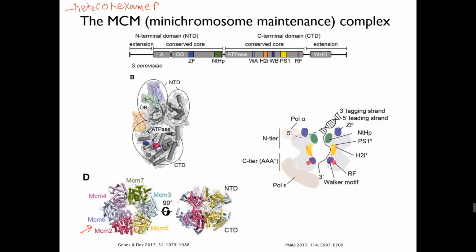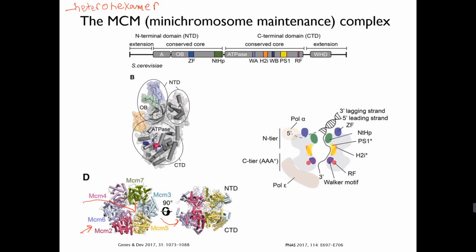The name MCM just means mini chromosome maintenance, and the reason they called it that is that they were all isolated from a particular genetic screen, the details of which I won't go into. At any rate, the MCM complex is a hexamer and also has that central cavity in the middle that the other ones we showed in the last few slides had. And if you take this donut and turn it on its side, which is what is shown here, it's actually a pretty sophisticated donut.